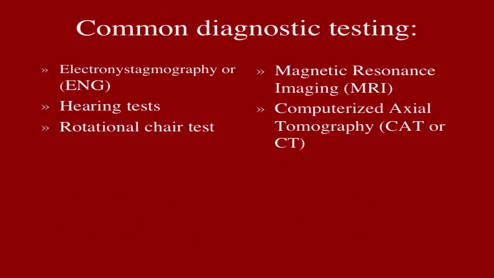Common testing you'll see diagnostically is electronystagmography, which is basically ENG, and that's different from EMG. EMG looks at muscle activity. This is looking at the activity of your eyes. Real quick on that, when I look up and to the left, 40 degrees, I should get that vestibular ocular reflex where my brain then wants to adjust my eyes.